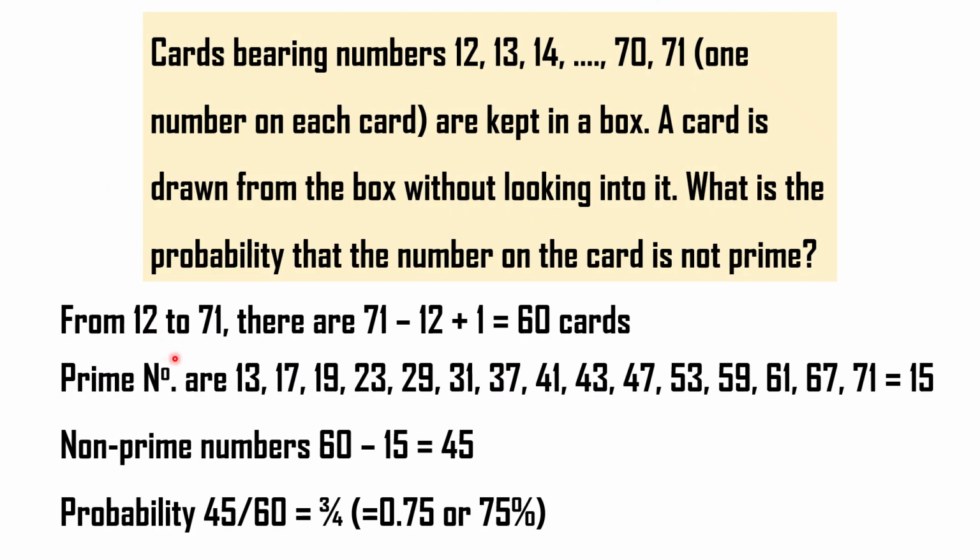So first, how many cards are there? কার্ড কটা আছে? এক থেকে তো নেই, 12 থেকে আছে। 1 to 71 means 71 cards, but 1 to 11 you don't have. এক থেকে 11 মানে 11 কার্ড নেই। তাহলে 71 minus 11, 60 cards.